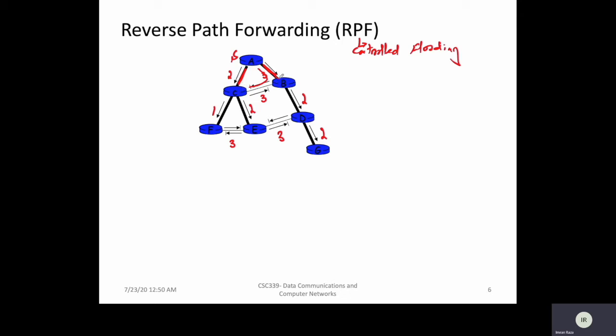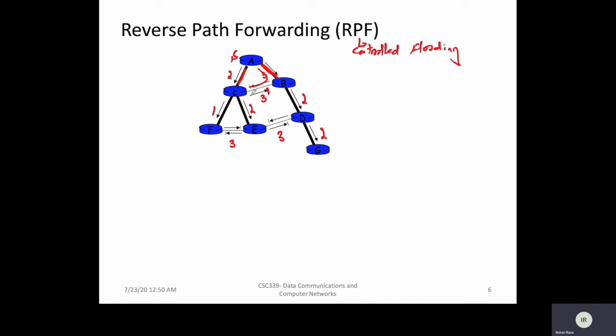The total cost in this case back to source A is 5, but using this highlighted path, the cost is 3. So again, we will only forward a packet if it is coming from this path back to source A. Okay, so this means if B receives a packet from C, B will not process it.